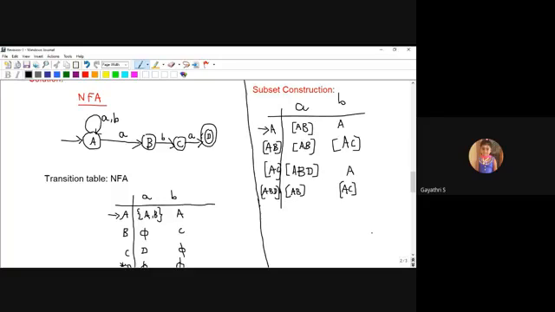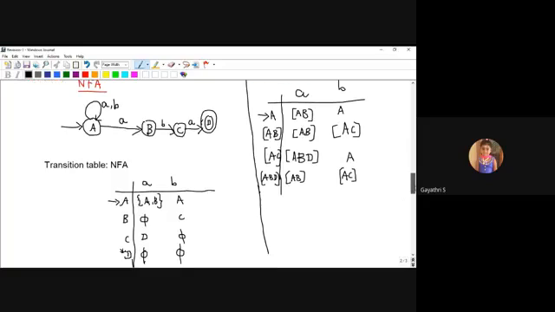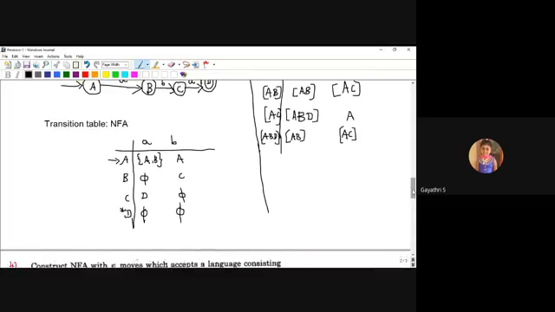Okay, so there is no state which is added here. No state added here. See, in the NFA transition table, the state D has transition on both A and B, which is empty state, right? So I will remove this, not necessarily in subset construction.